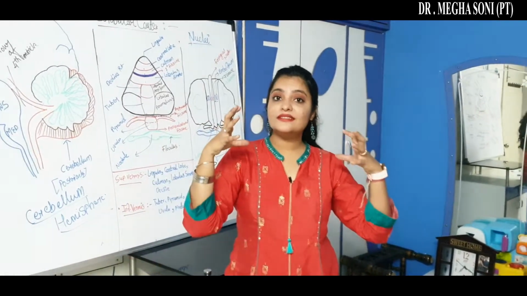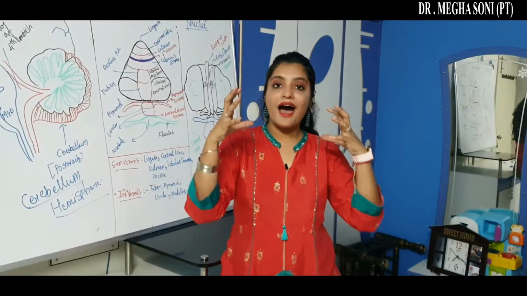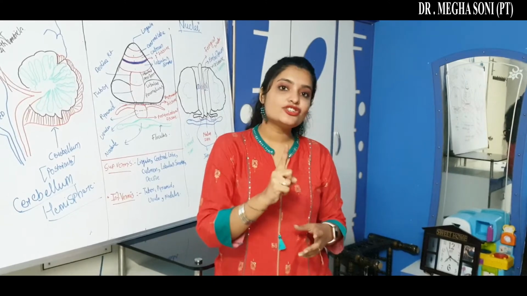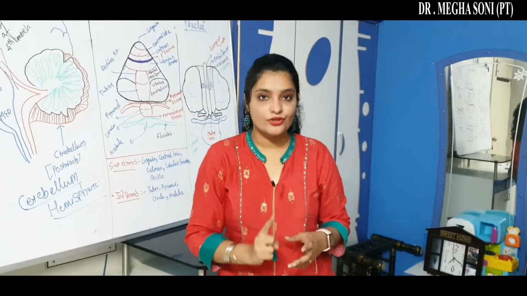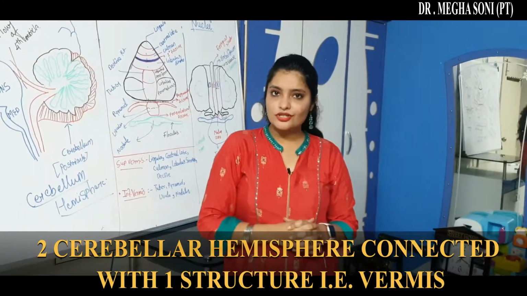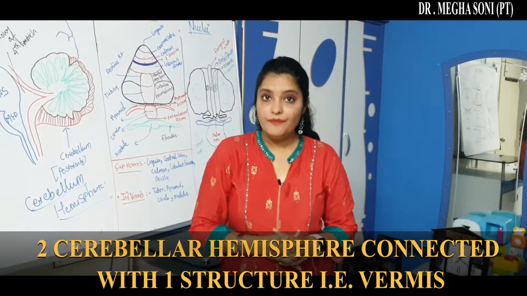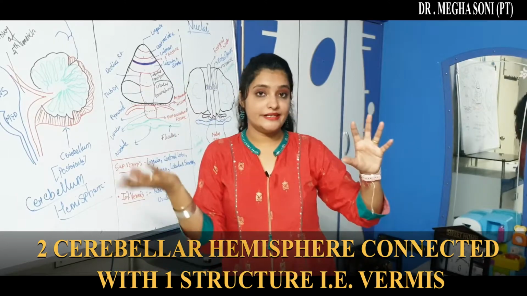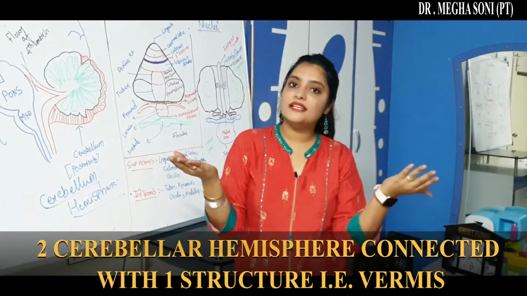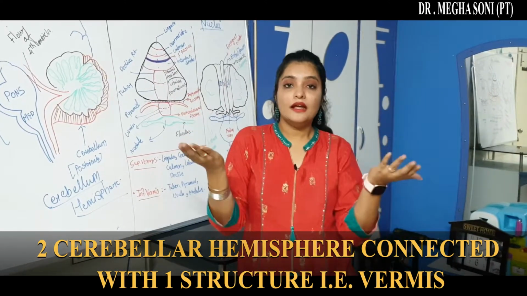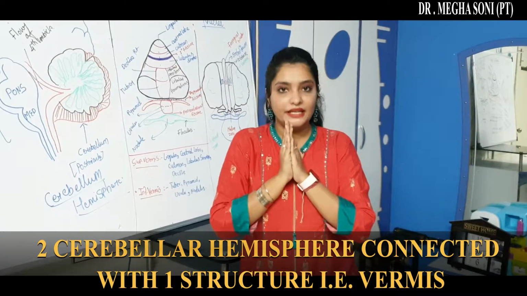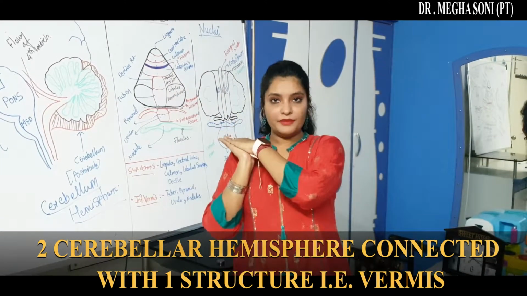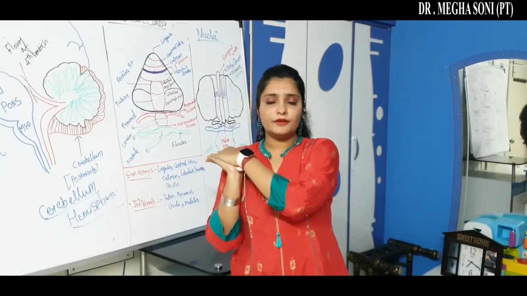But both cerebellar hemispheres are connected with one structure, and that structure is situated centrally. What is the name of this structure? Vermis. Okay, because of the vermis, the two cerebellar hemispheres are connected with each other.